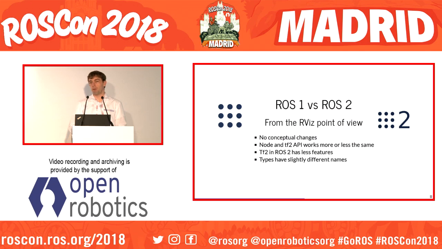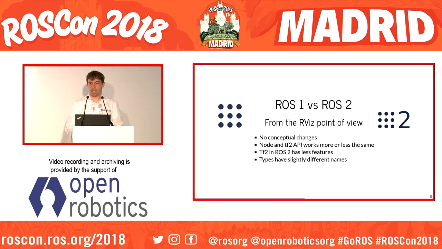Also, there's the ROS2 migration guideline from Open Robotics, which is the first step you want to follow if you migrate some code. Based on that, there was not that much to do to account for the specific differences between ROS1 and ROS2. That's a fairly specific point for RViz, as we just have this limited interface with ROS2.